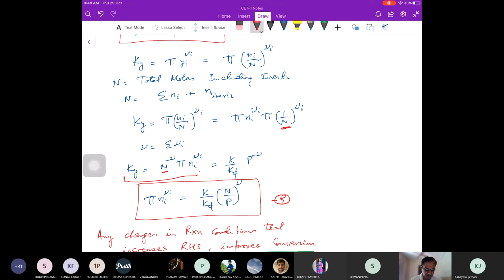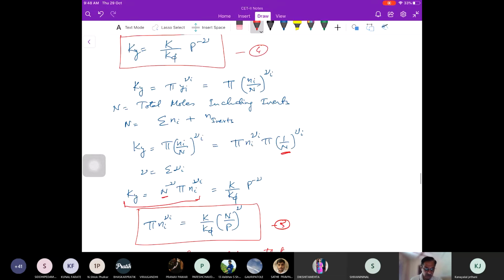This term, how did it come? Okay, so if it is understood, then the right hand side is nothing but whatever you had in equation 4, K by K phi into P raised to the power of minus nu.